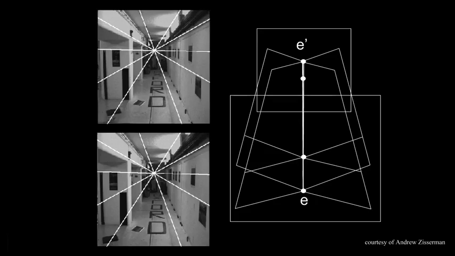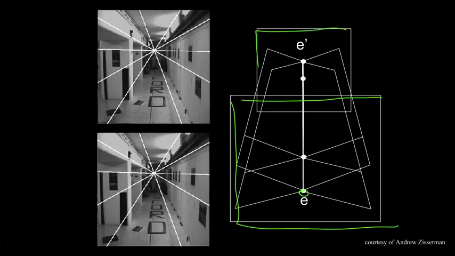What I have here is that I took one picture, and my camera center was there, and then I take another picture, and my camera center is moved forward, and if you connect those and slice the image, those are the epipoles. So all the epipolar lines have to go through the epipole, and that's what this is showing you. The epipole is right in the middle of my picture.